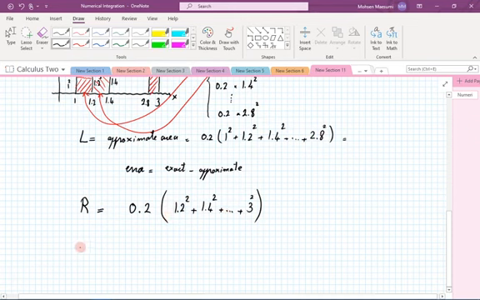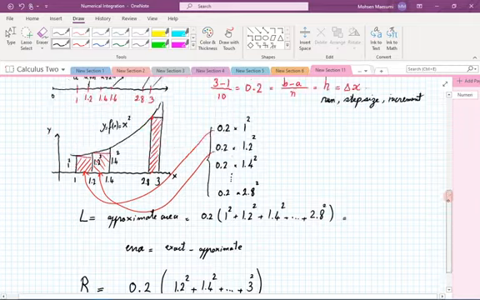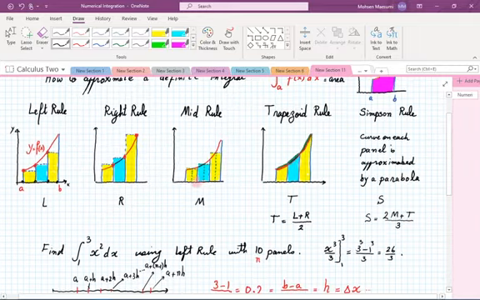How about the mid rule? What do you think the mid rule is? Well, again, in the mid rule, we are missing both the left and right. All the rectangles are decided at the middle of these intervals. So if this was 1 and this would be 1.2, what would be the middle of those two?